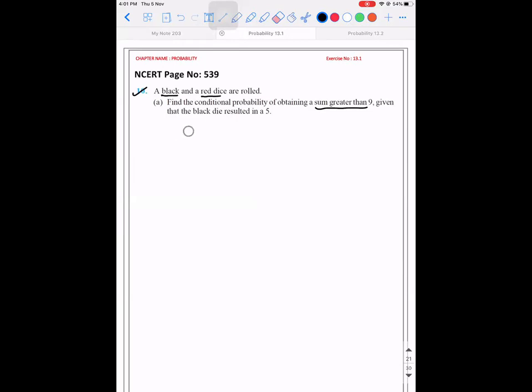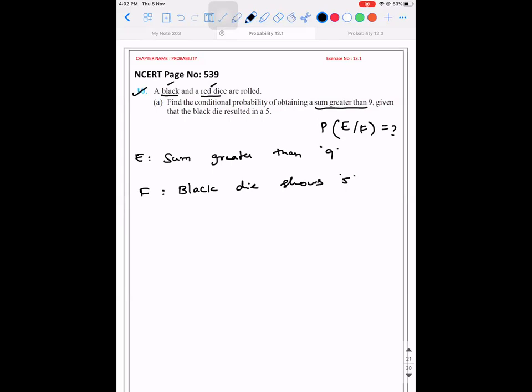The data is that a black and a red die are rolled. We need to find P of E given F, where E is the sum greater than 9, and the condition imposed is that the black die shows 5.